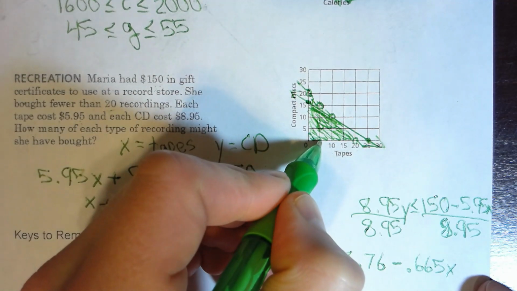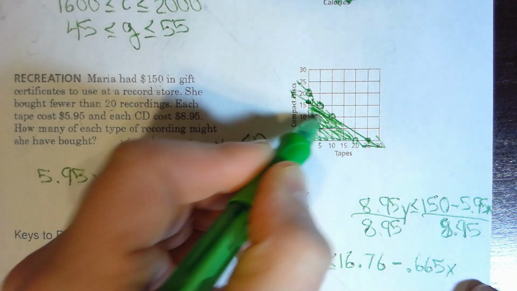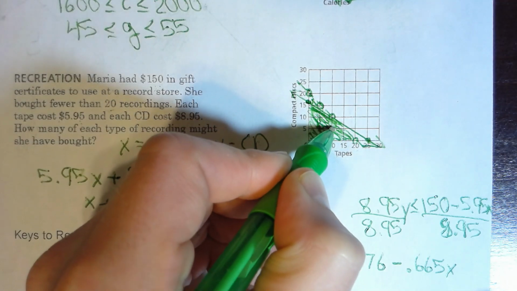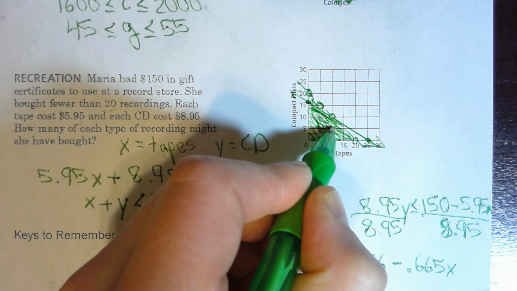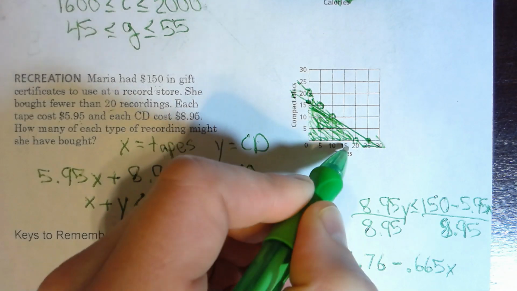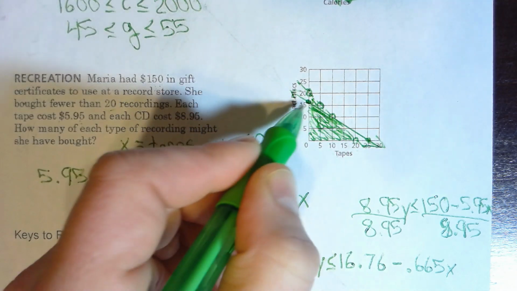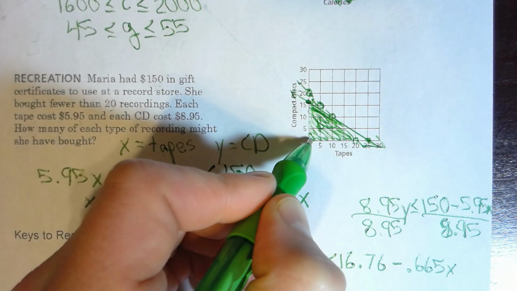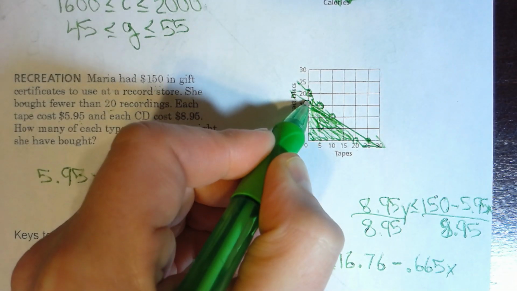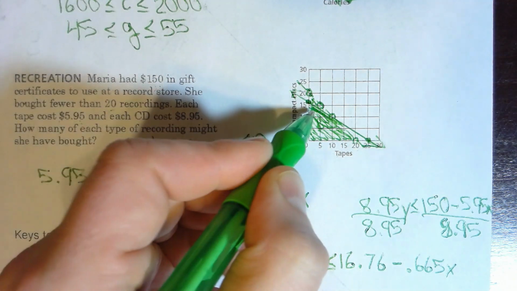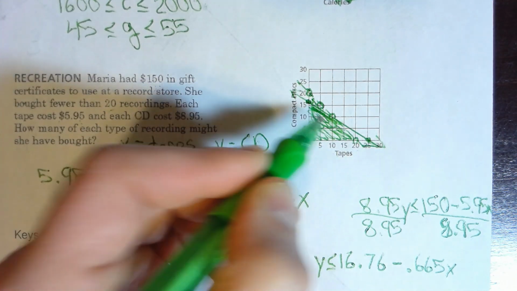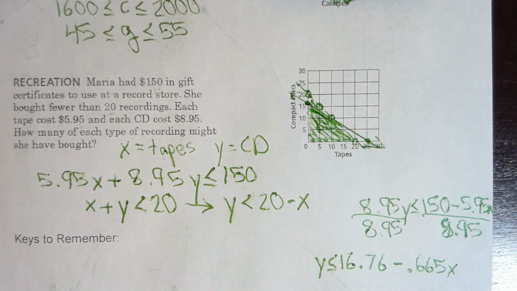For instance, she could have bought 5 tapes and 10 CDs. She could have done 10 tapes and 5 CDs. And everything in here could be a possibility. She could have just gotten 16 CDs and no tapes. But this helps us to see a region of possibilities of what this solution can be.